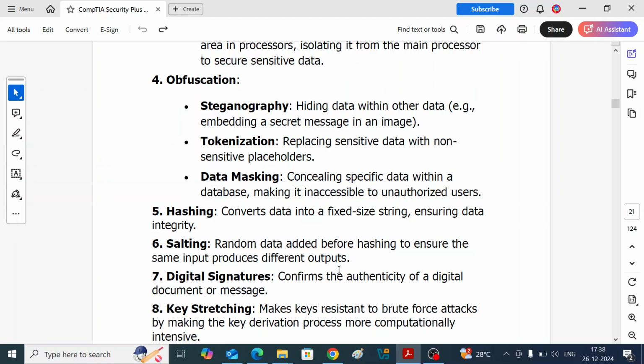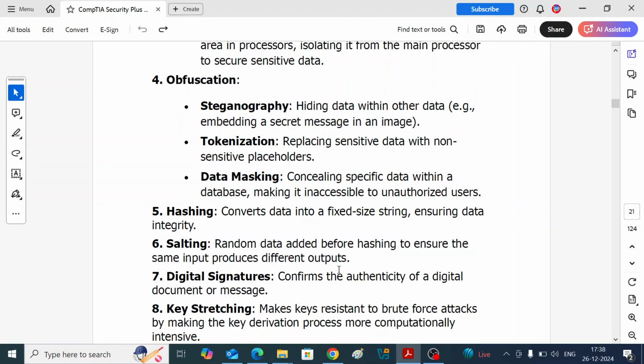On the screen it appears to be something else, but the message is something else. That concept is what we call obfuscation. I repeat, the process of disguising confidential or sensitive data to protect it from unauthorized access.